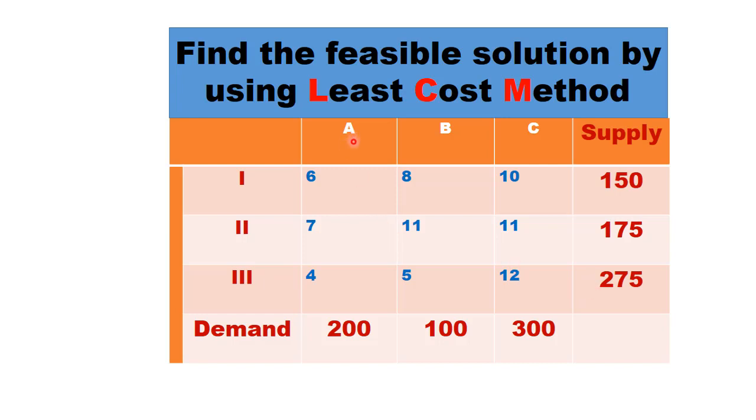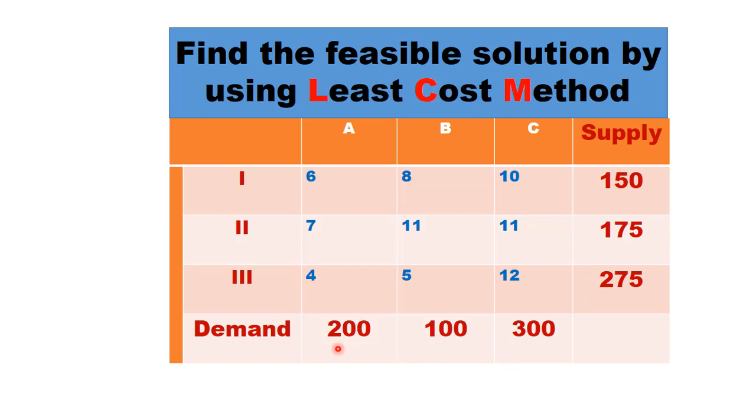Coming to the destinations or warehouses, warehouse A requirement is 200 units, warehouse B requirement is 100 units, and warehouse C requirement is 300 units. Let's check whether it is a balanced transportation problem or not. What is a balanced transportation problem? The total demand is exactly equal to the total supply.